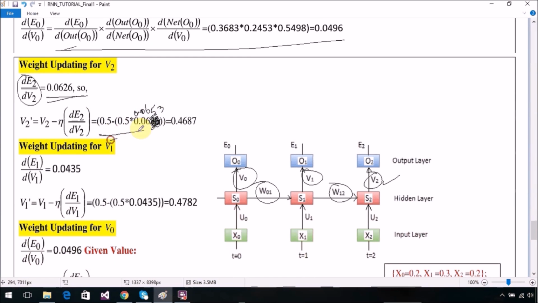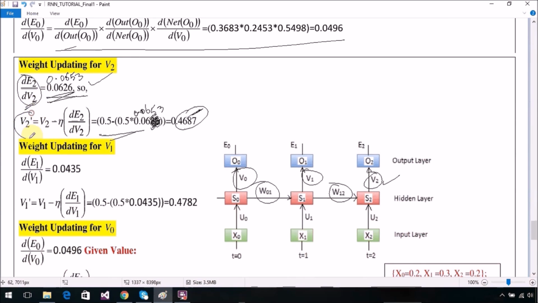So by multiplying we will get a slightly nearer value than this, and we will use this value. So it will be 0.0653. Actually we made some calculation mistake earlier. So this is the value for the partial derivation of E2 with respect to B2.